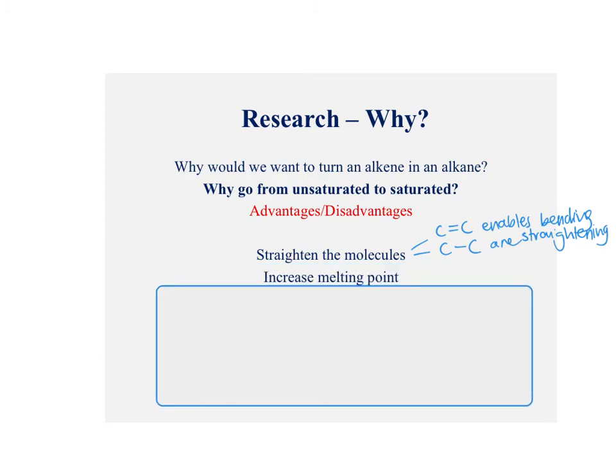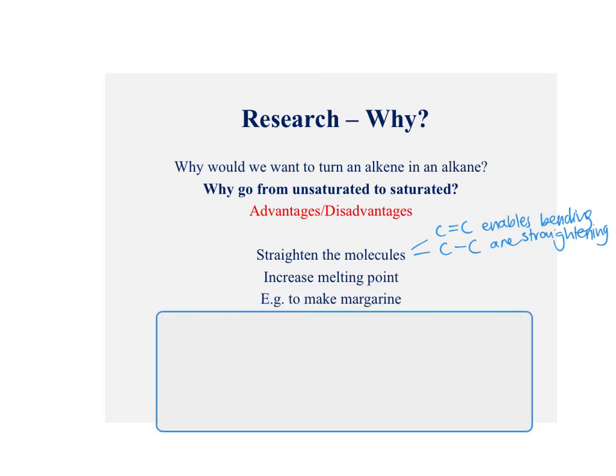We're going to result in an increased melting point, due in part to that straightening, and that in turn means that the chains can link together a little bit better, not bind, but sort of interact with each other. That overall gives us an increased melting point. It takes a little bit more energy to break those chains apart.